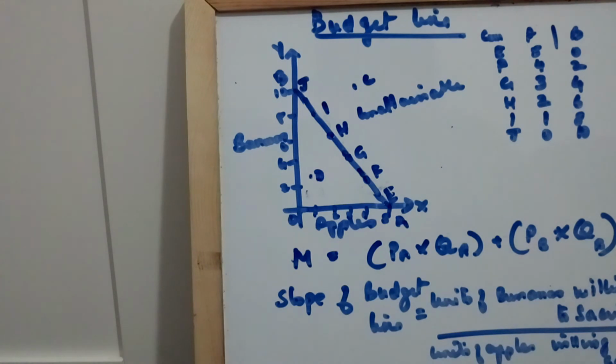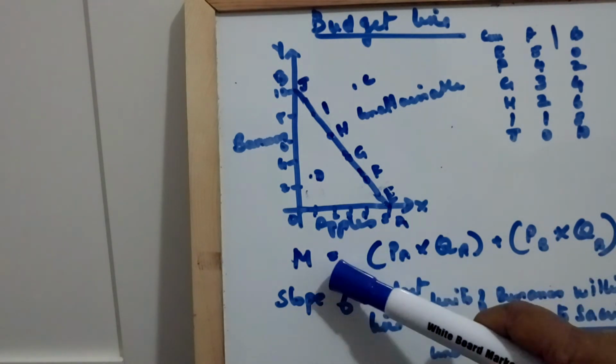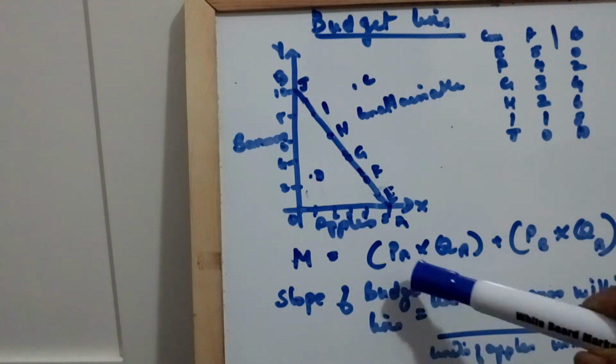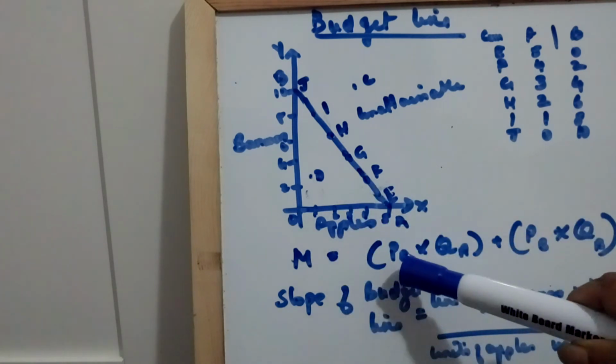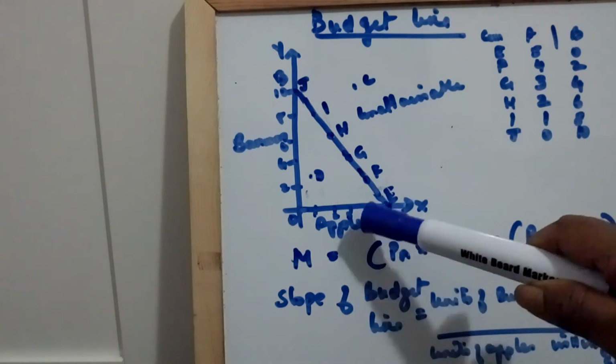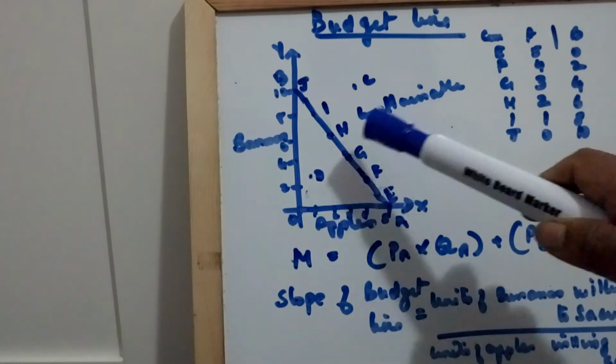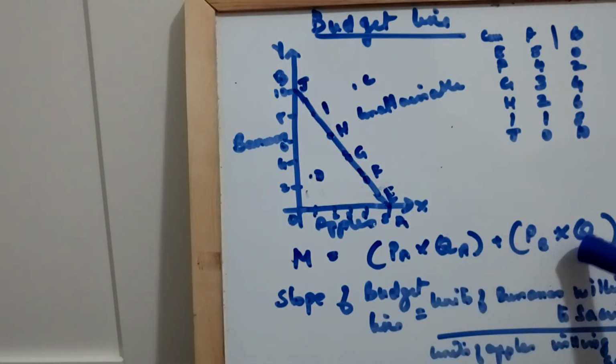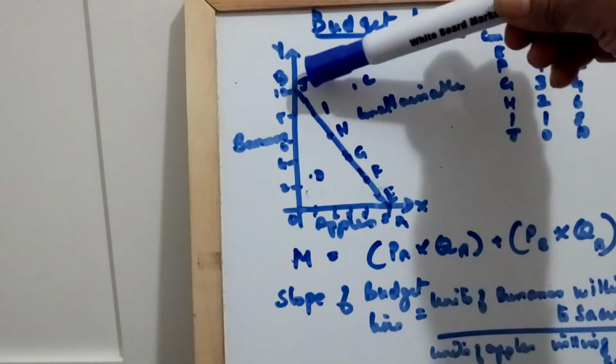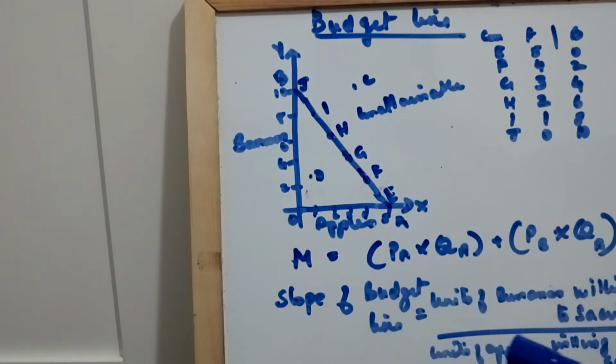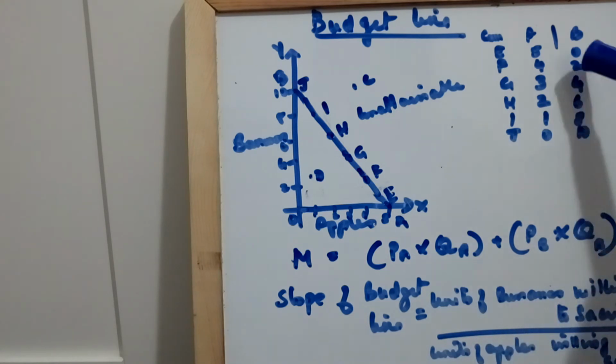So the money or the income of a consumer is equal to the price of apple, price of A into quantity of A, plus price of banana into quantity of bananas. So the slope of the budget line is equal to units of bananas willing to sacrifice and units of apples willing to gain.